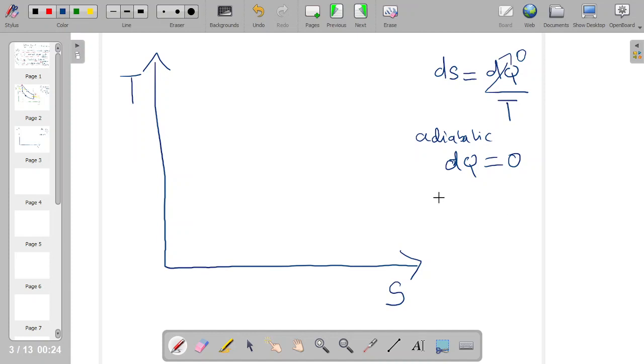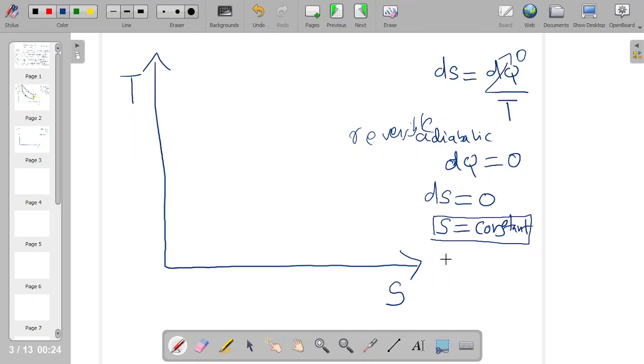So ds is 0, which implies entropy is constant. That is an important thing you have to remember. If any process is reversible adiabatic, its entropy must be constant, and it is known as an isentropic process. So isentropic means entropy is constant.